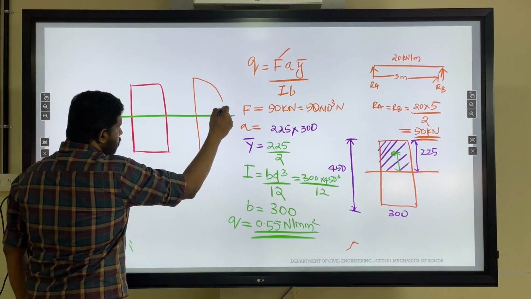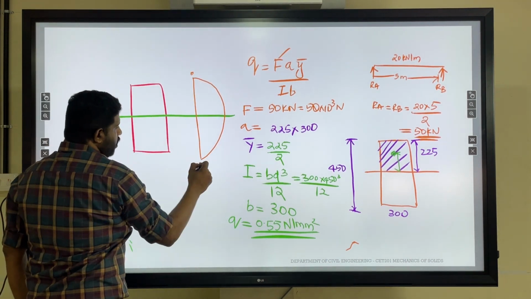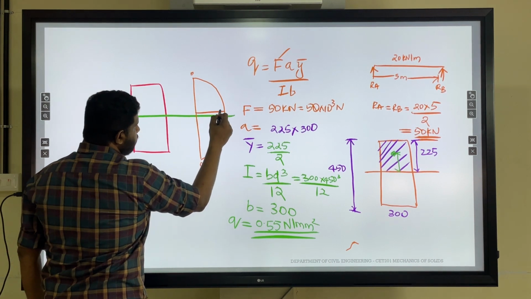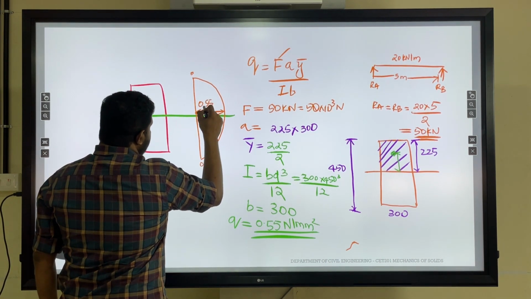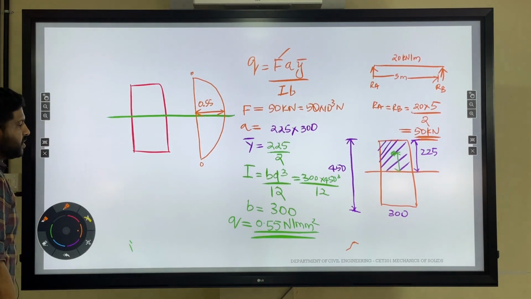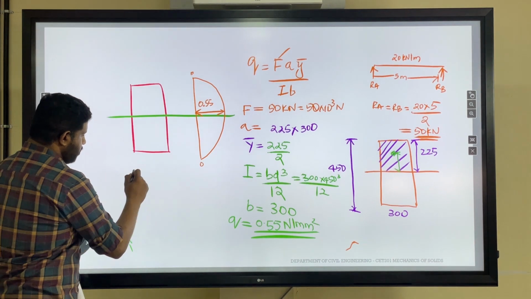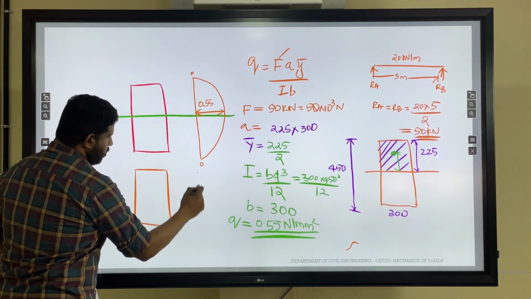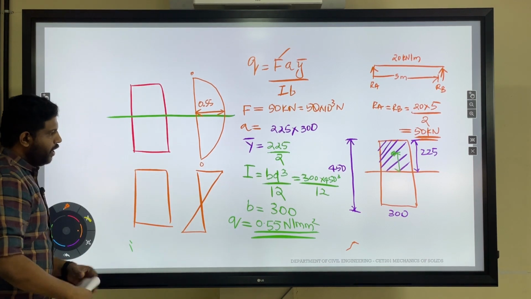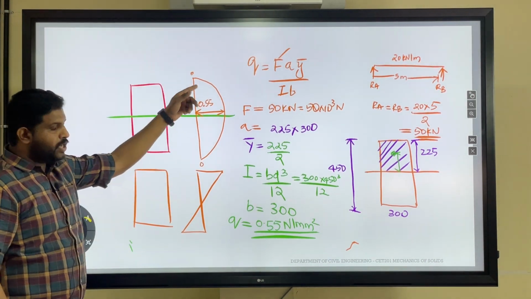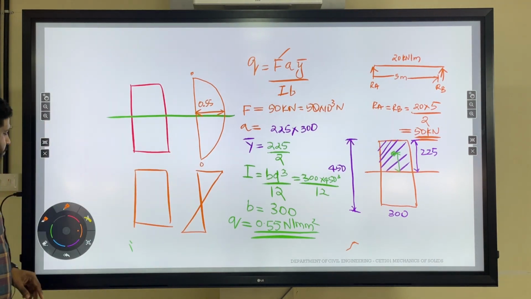So the graph should go like this, and here it is 0, here also it is 0, and this value will be 0.55 Newton per mm square, and this is the variation of shear stress. Bending stress varies linearly along the depth, shear stress varies in a parabolic manner. So these are the two concepts which are clear from this question.